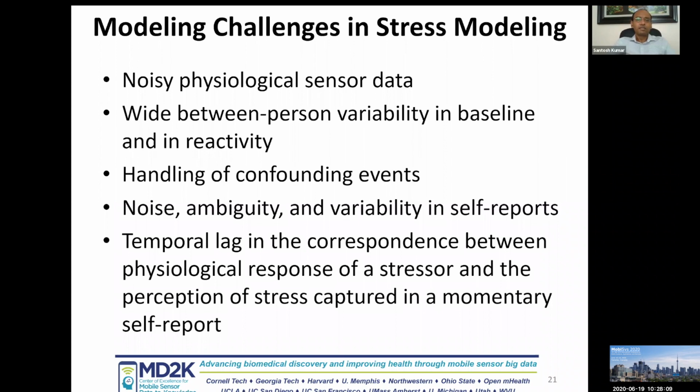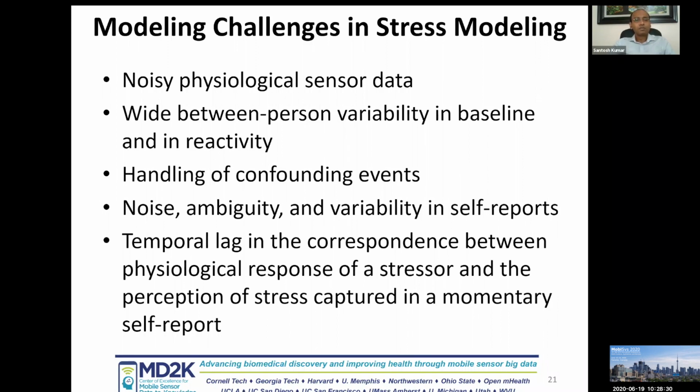So for our first example of stress modeling, of course, we had the issue of noisy physiological sensor data. Then there is wide between-person variability in baseline and in reactivity. Somebody's resting heart rate is 50, somebody else's is 70, right? And given the same stressor, different people react differently.